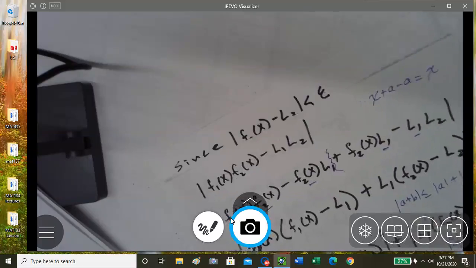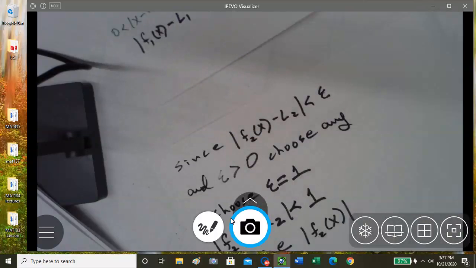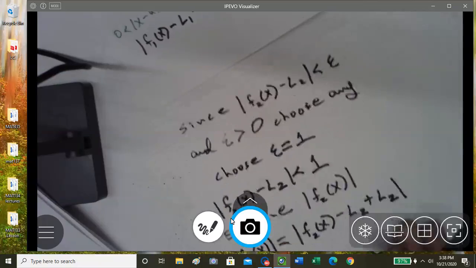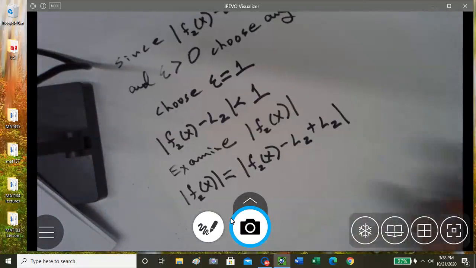So we're going to do the same thing that we did before. We take f2(x) equals f2(x), and then we apply a minus L2 and a plus L2. All we did was apply a minus and a plus, and that's still just equal to f2(x).